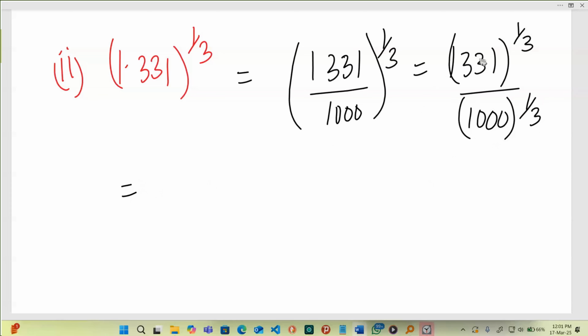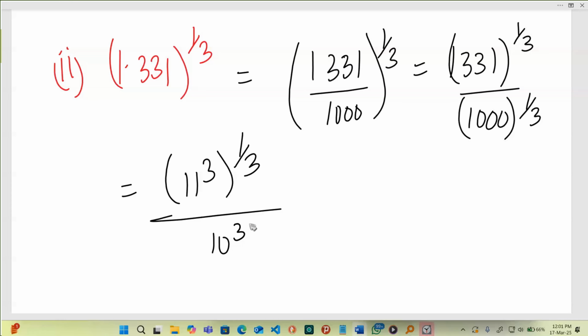So which number can I raise to a power of 3 and I get 1,331? That is 11. If I raise 11 with the power of 3, then I'll get 1,331. So power a third, I divide it by 10 to power 3, because 10 to power 3 is 1,000.